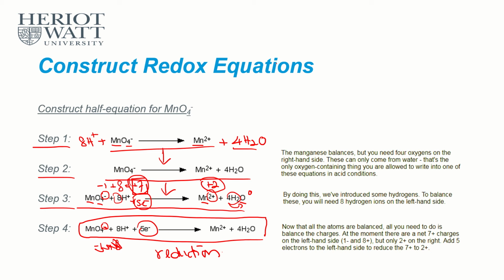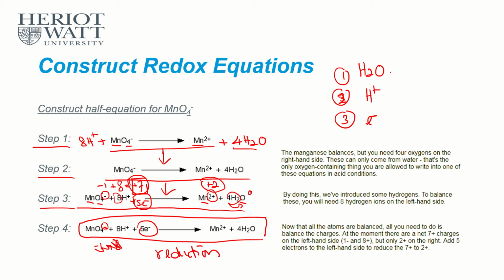Now, before we move on to come up with an overall redox equation, I need to conclude something here. To come up with the half equations, like in this case, under acidic conditions, you can only add 3 things. First is water. Second is hydrogen plus, if it is under acidic conditions. Third one is electrons. These are the 3 things that you can add in order to construct a half equation.